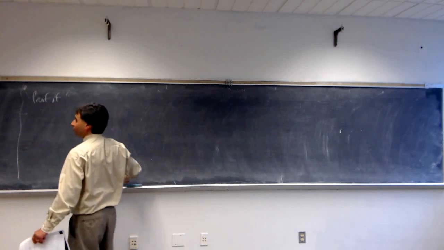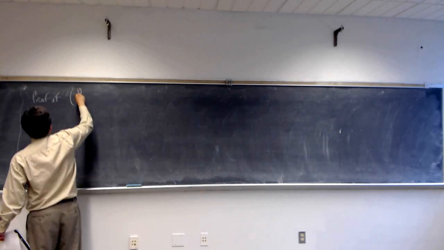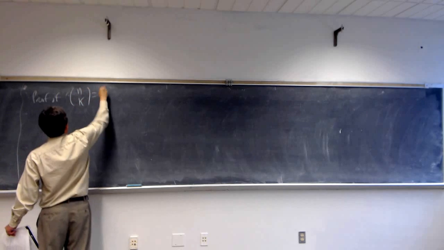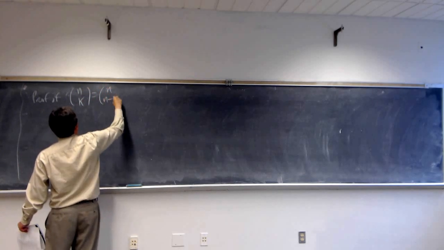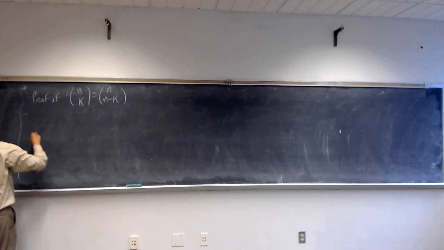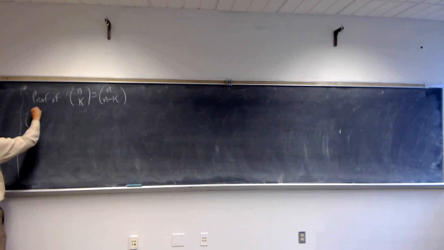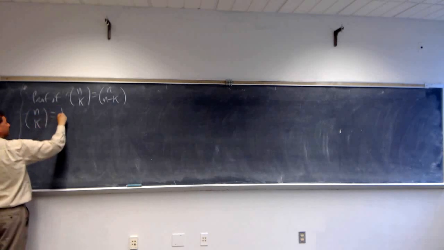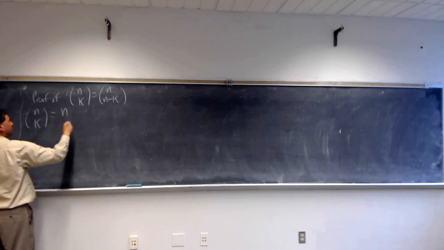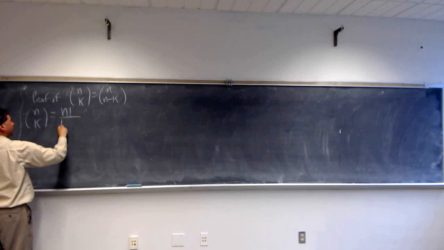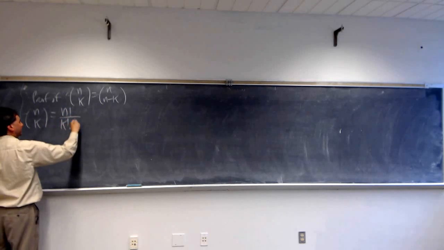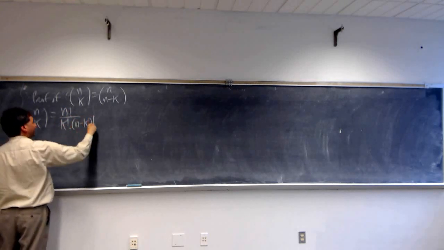So let's just call it proof of... So this would be n choose k is just n factorial over k factorial times n minus k factorial.